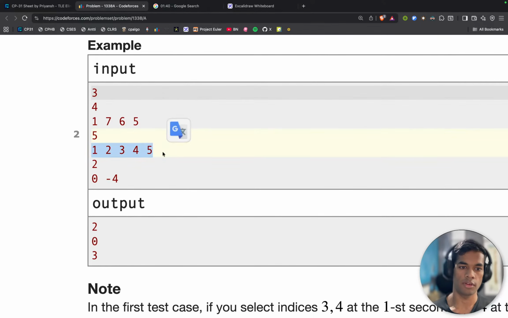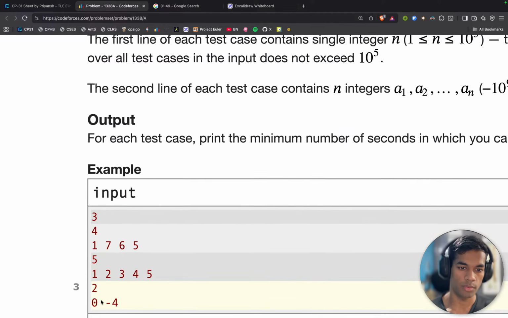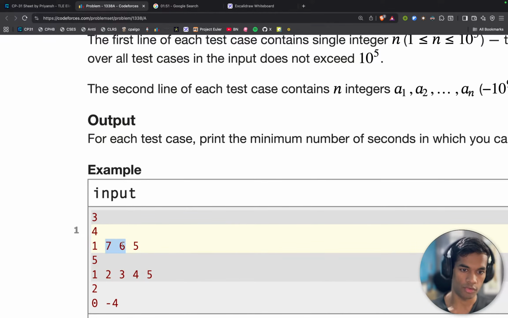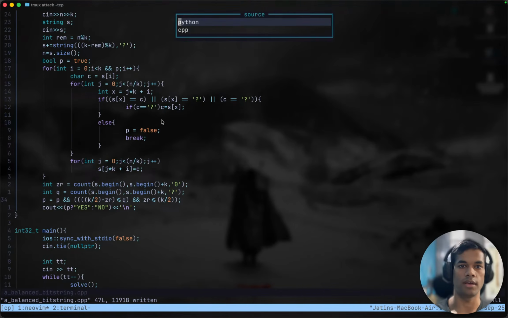Yes, here the answer is 0 because the array is already non-descending.